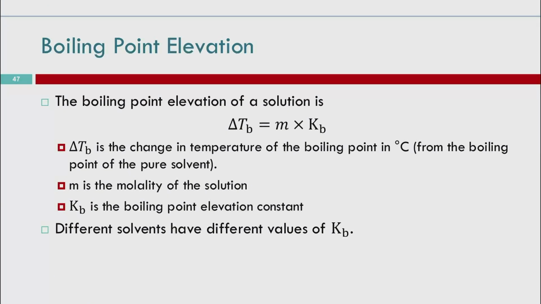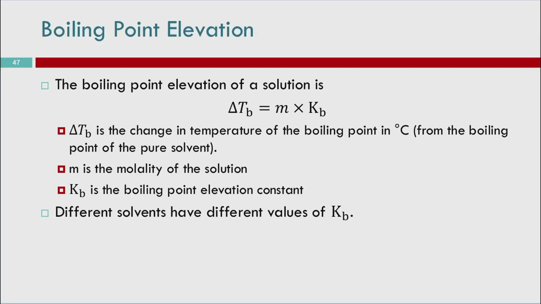Okay, deja vu. It's time. This looks awfully familiar. So this is for boiling point elevation. Elevation meaning going up. So our boiling point is going up, our freezing point goes down. Our boiling point elevation of a solution equation is almost identical to our freezing point one.